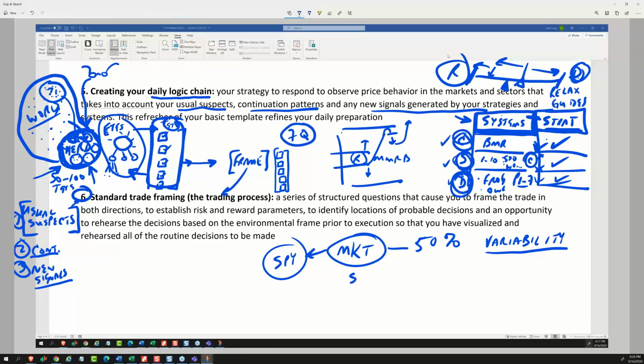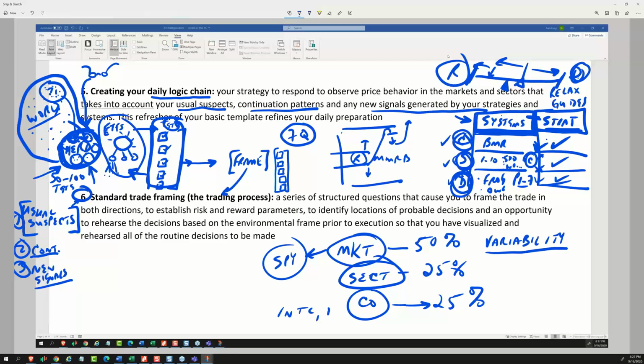And then 25% can be attributed to the sector. And then 25% can be attributed to the company itself. So you think you're studying Intel or AT&T, and if you just learn everything there is to know about AT&T, you'll be smarter than the average bear, and you'll be able to trade that because of how much prep you put into Intel.